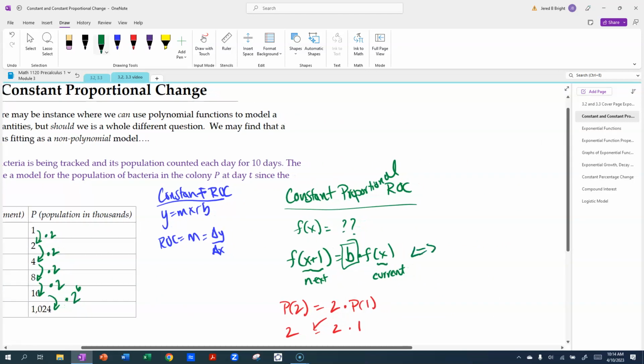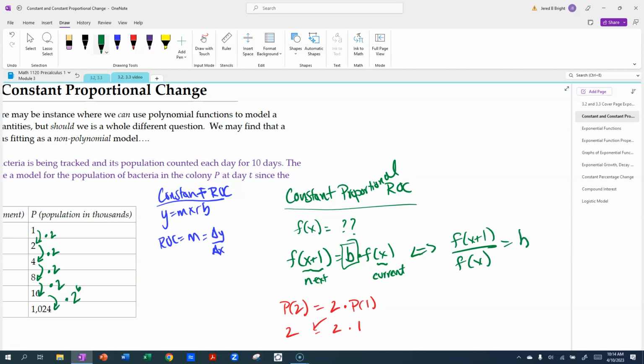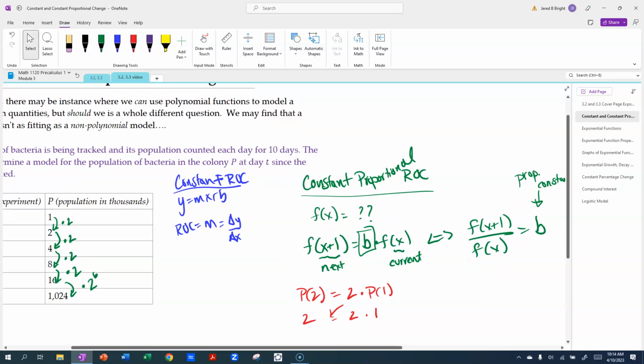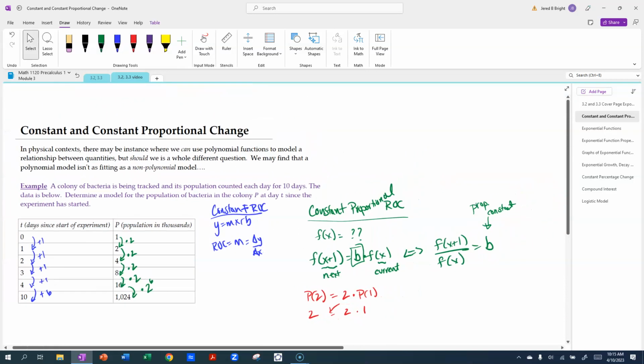Similarly, if you look at what you have next over what you have now, that would just be your constant, and this is your proportionality constant. So when you have a constant proportional rate of change behavior going on, that's when you're going to have what we're going to come to call an exponential model.